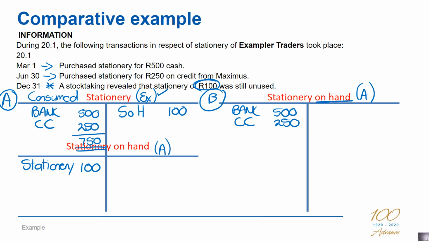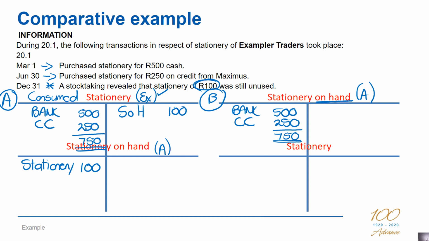Let's have a look at option B. In the asset account, I add up on the debit side 750 Rand worth of purchases. So now I'm saying this is not true. This is not the asset that I have at the end of the year, the 750. I only have an asset of 100 Rand. So what do I need to do with the asset account to turn the 750 into 100?